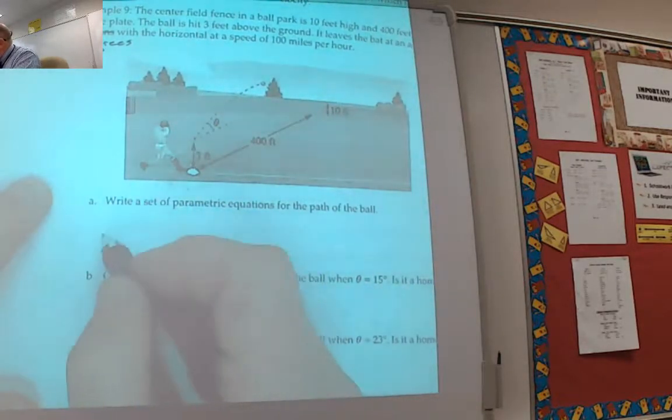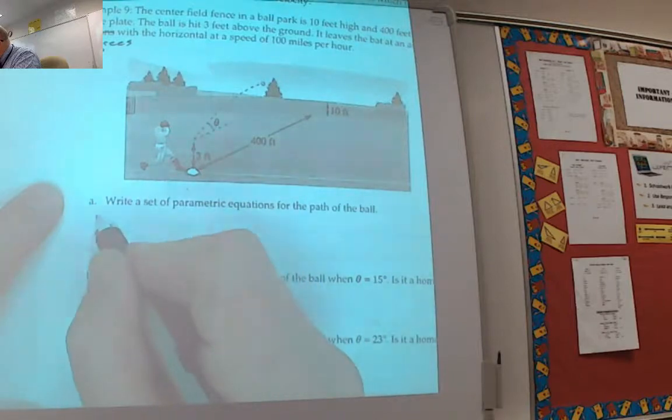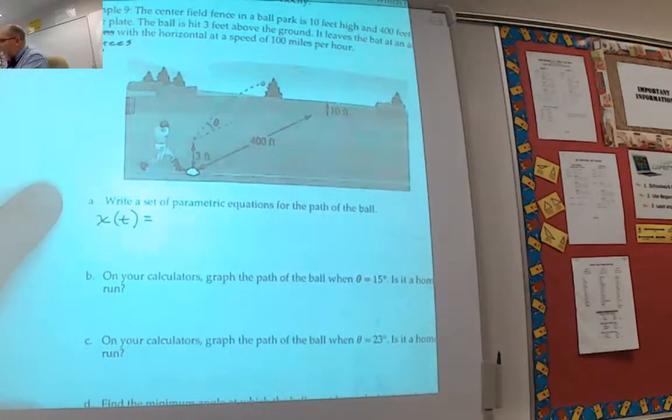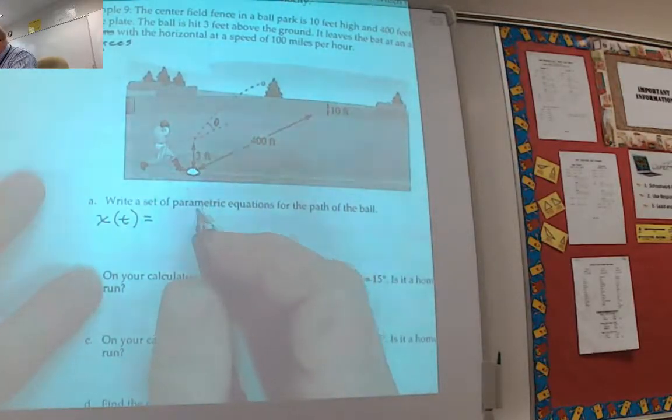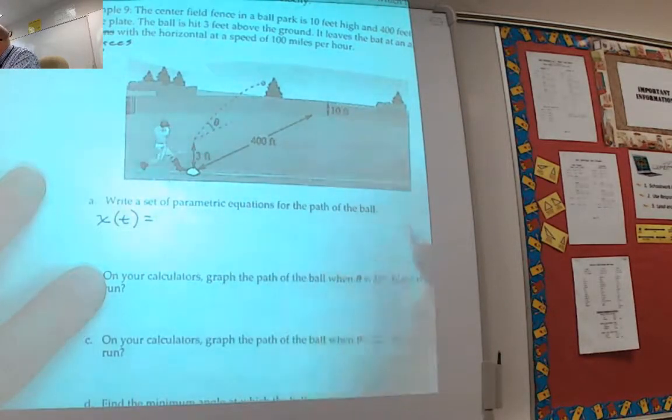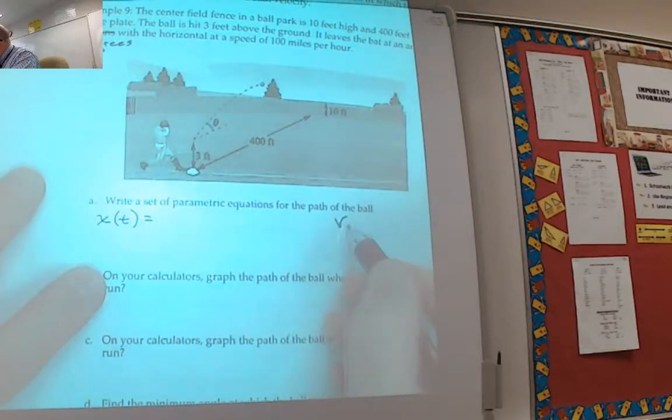So, my parametric equations, x of t. Alex, what is it? You've got to be careful here. Can't it just be t right now? Does that not work? Do you see this up here?